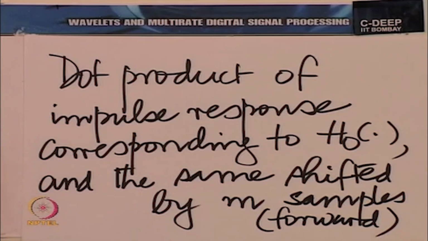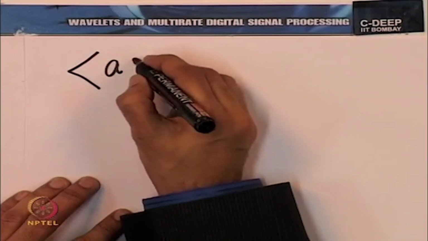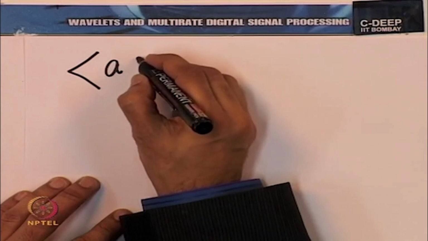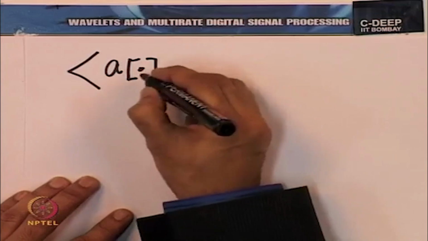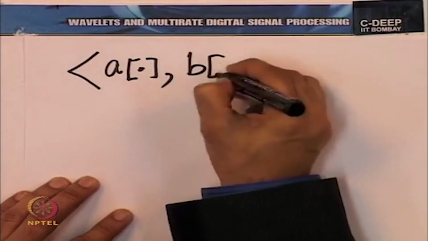So, if you want to write it down in the notation of dot products, what we are saying is that this denotes the dot product of sequences A and B. So, A with an integer argument, B with an integer argument.